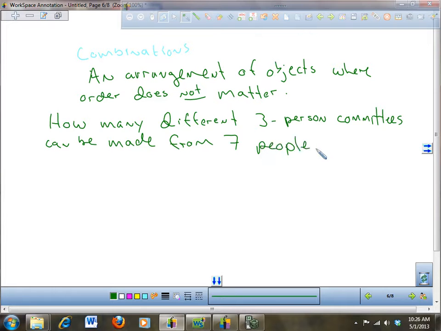So you have 7 people to choose from. So if this were just a combination, it's kind of nice to think about it this way.